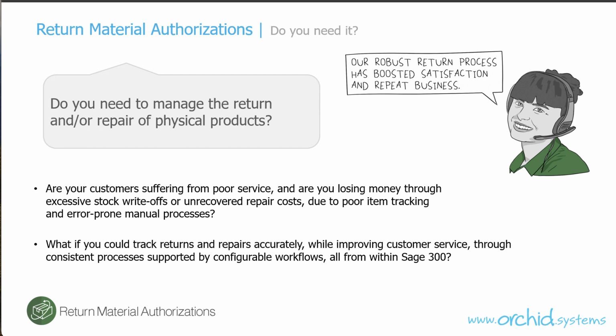If you are a company that manages return and/or repair of physical products, if you have customers suffering from poor service or excessive stock write-off or unrecovered repair costs, if you have error-prone manual processes for your returns and want to implement consistent processes while being able to configure them depending on the types of return and the type of products, and manage all this within Sage 300, then you should look at the Orchid RMA module.